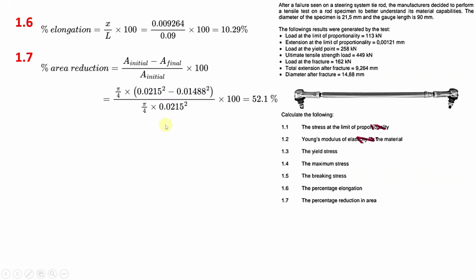And so if you plug in the numbers, this is what you will get, and you will find 52.1% as the percentage reduction in area. So I went very fast through this question because there really isn't anything complicated, but you are welcome to go through it at a slow pace with a pen and a paper to understand everything that I just did here.